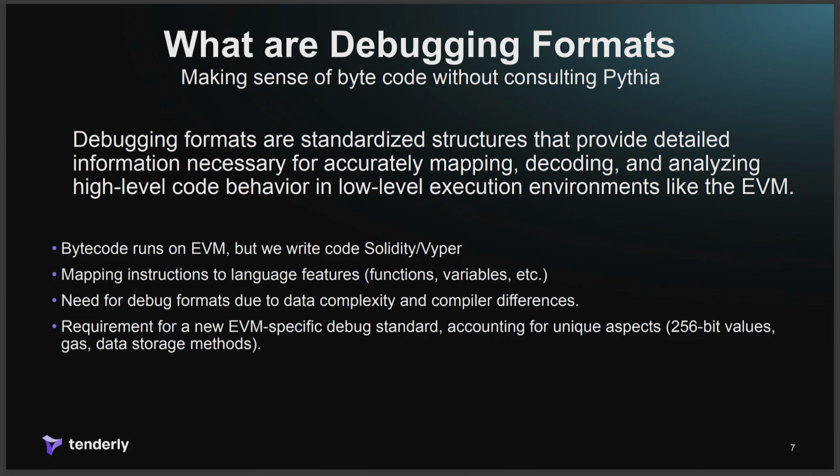And with this rising complexity, the need for a debugging format is even greater. And the last thing, since there are some custom things to the EVM, as it's not very similar to traditional virtual machines, we have concepts of gas, we have concepts of 256-bit registers. The need for the format is even greater.